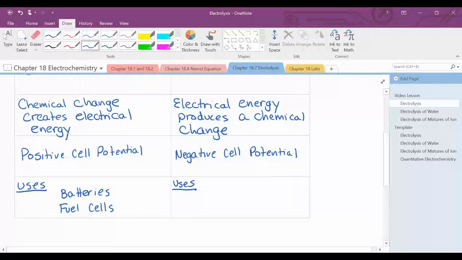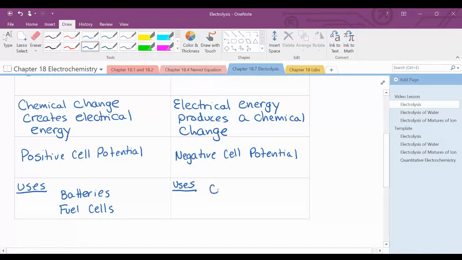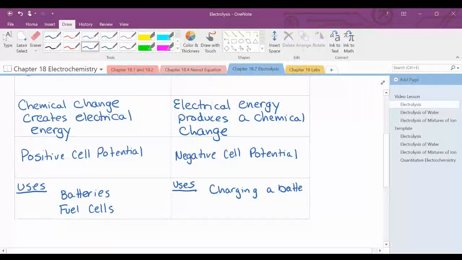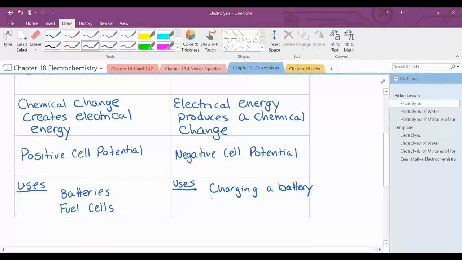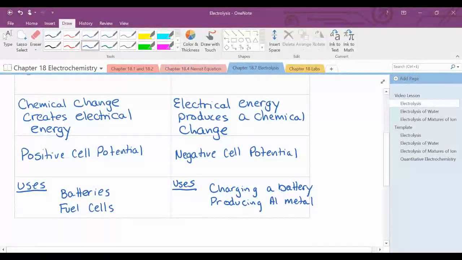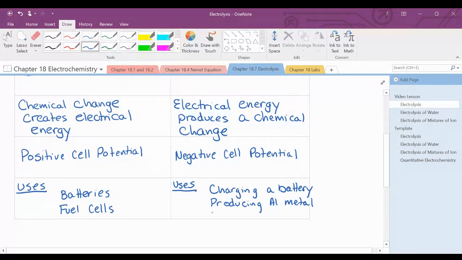Uses of an electrolytic cell are charging a battery, producing aluminum metal, and chrome plating an object, which you're going to read about, and we're also going to talk about in today's lesson.